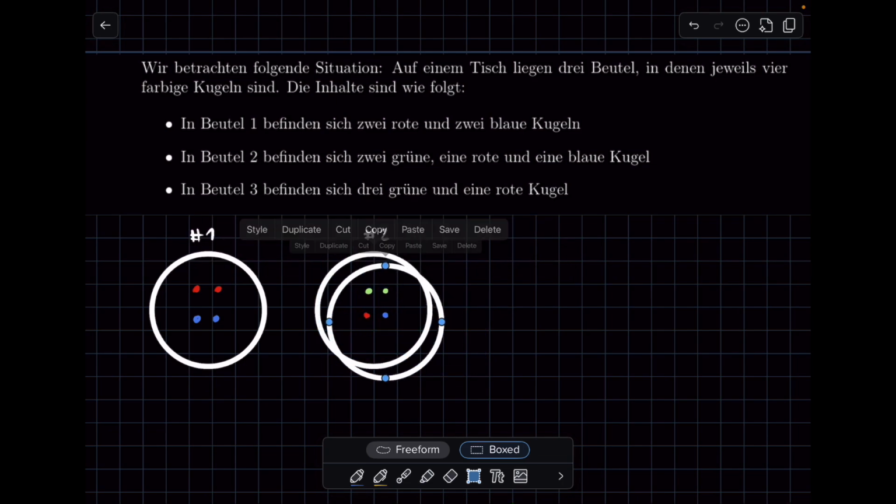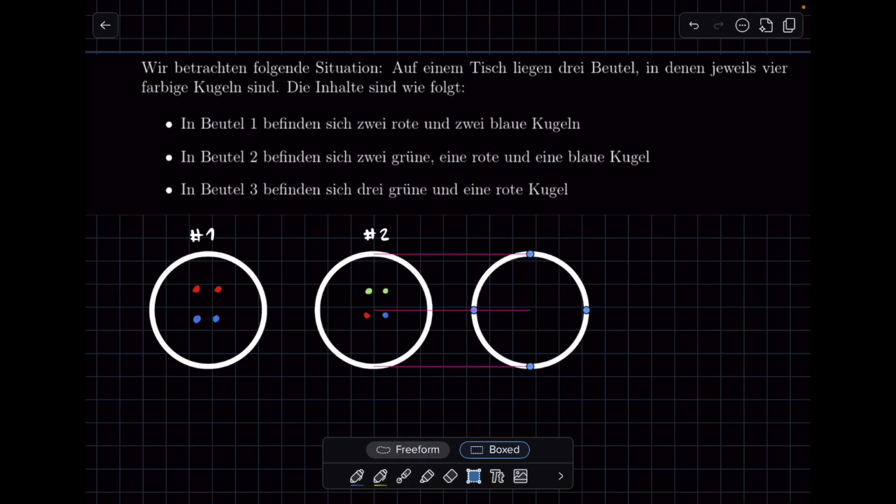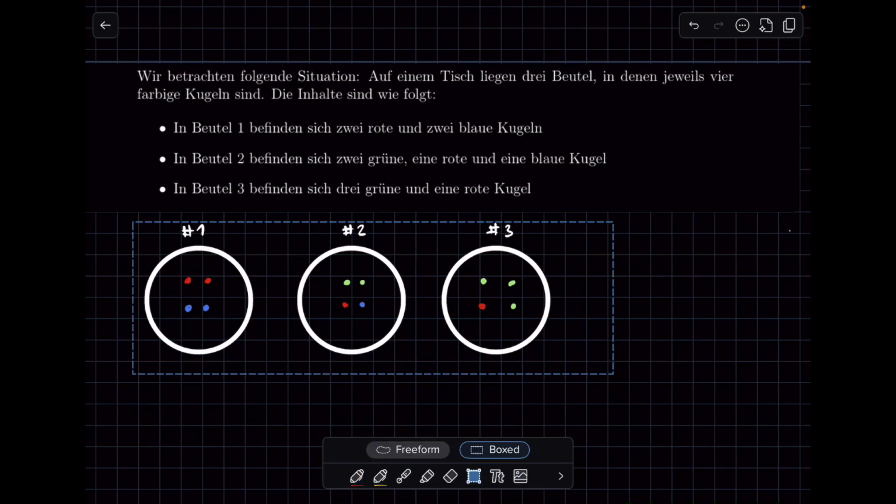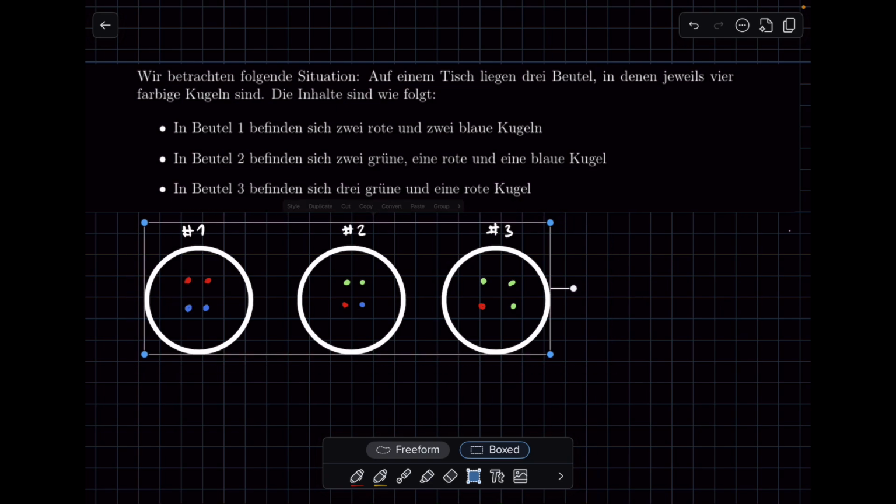And then in bag number three, we have three green ones and one red. That's basically what we have. So that is pretty much our situation. Just group this.